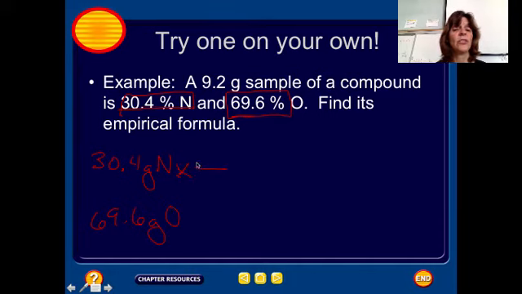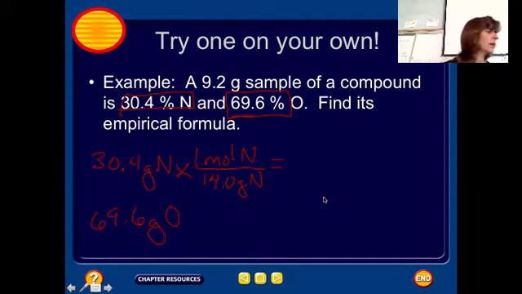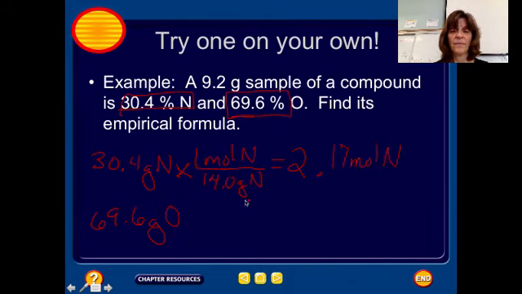Next step is to change them to moles. 1 mole of nitrogen to 14.0 grams of nitrogen. When you divide that out, you get 2.17 moles of nitrogen.